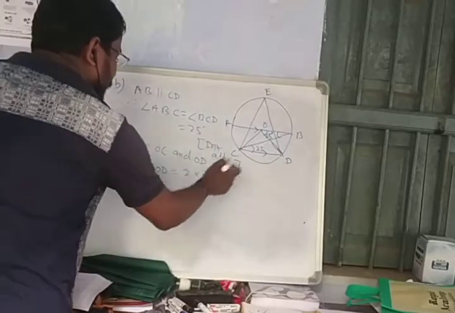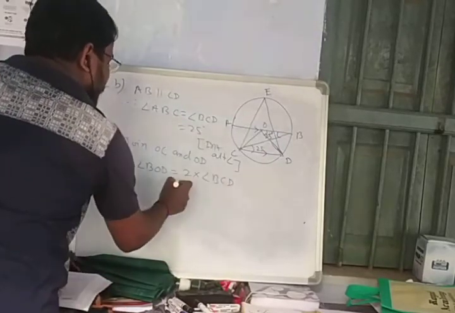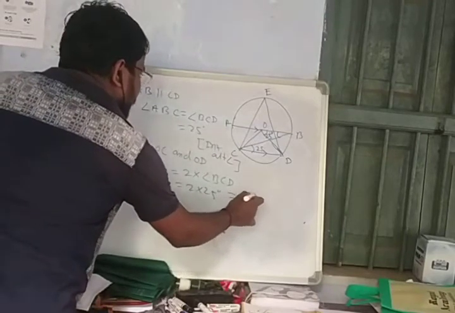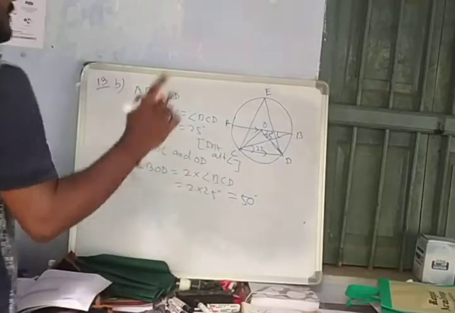This angle will be twice this angle. That is 2 into 25 degrees equals 50 degrees. So BOD equals 50 degrees.